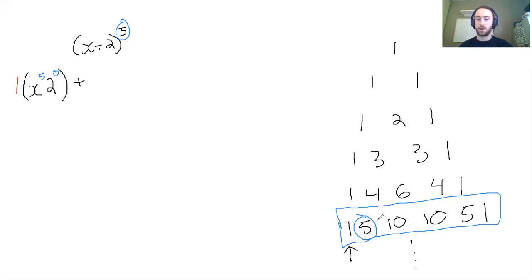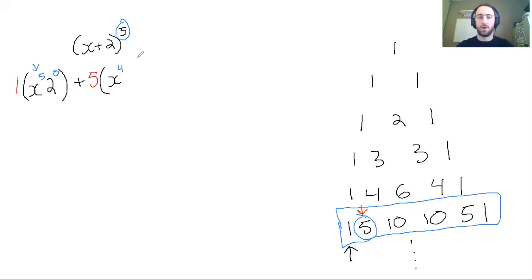So now we look at our second coefficient, which is a 5. So we have 5. Again, we're going to have x to the 4 this time, because we simply subtract 1 from our exponent here.